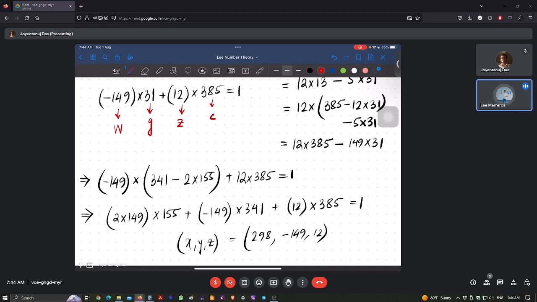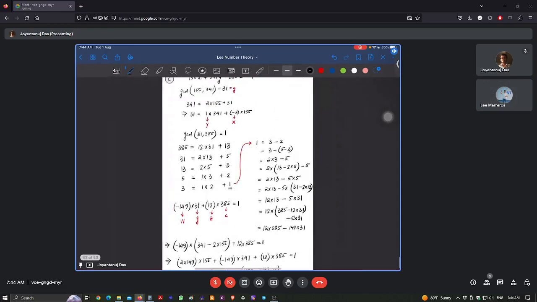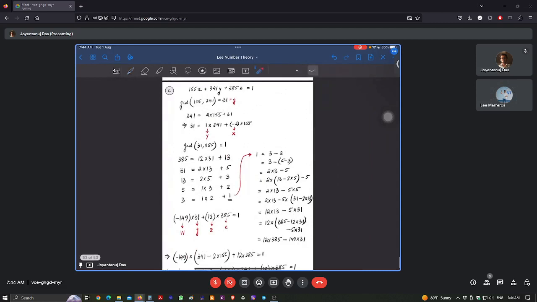Yes, and that is only because we assume the GCD is 1. Otherwise, we wouldn't be able to. So that is the condition to have a solution. That is true for this case, because the GCD of these two quantities is 31, and we have checked that the GCD between 31 and 385 is 1.